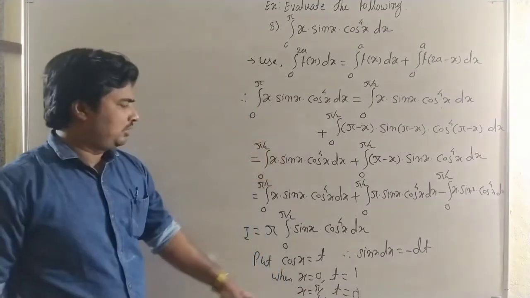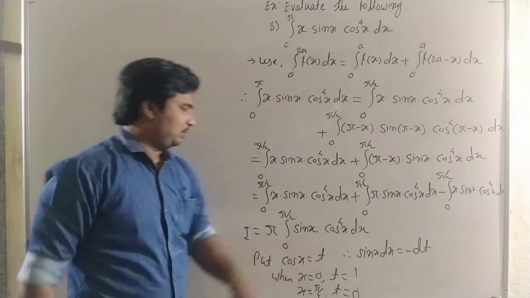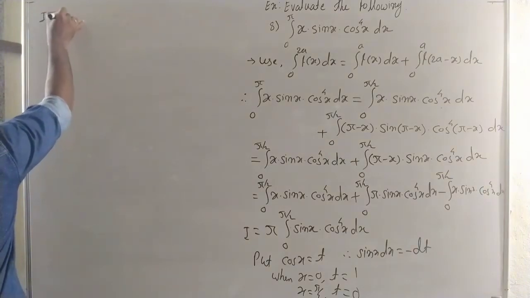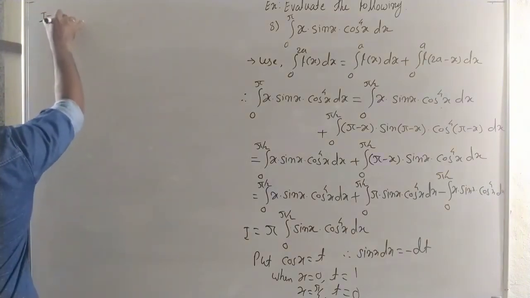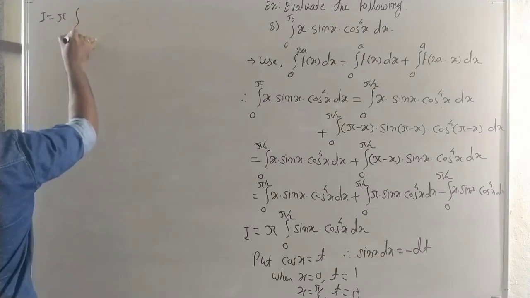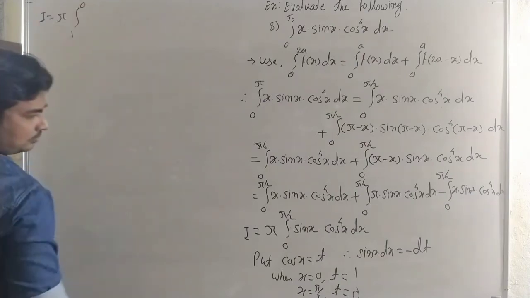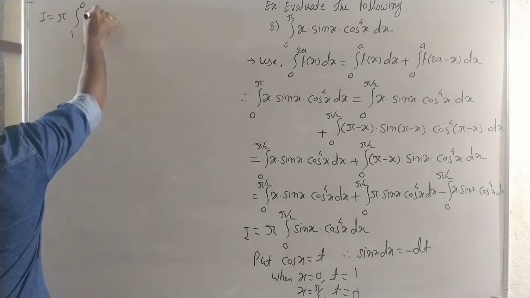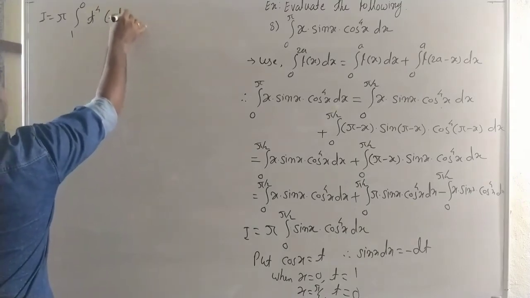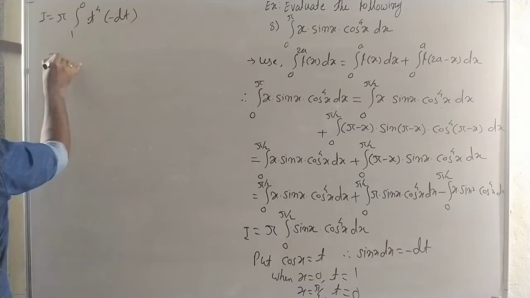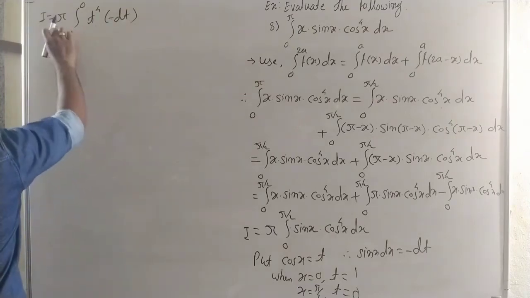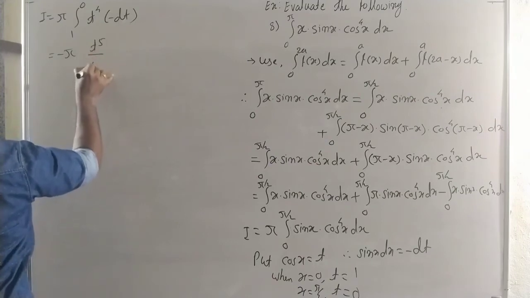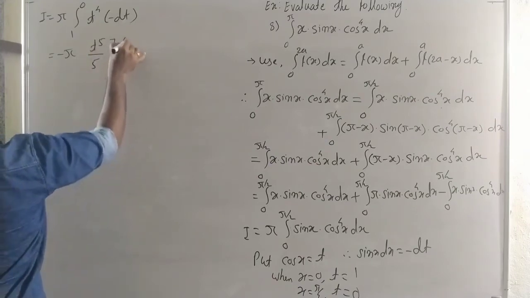Now our new limit is 1 to 0, and therefore the integral becomes pi into integral 1 to 0 of t to the power 4, minus dt. Here minus pi, and the integral of t to the power 4 is t to the power 5 upon 5, with limit 1 to 0.